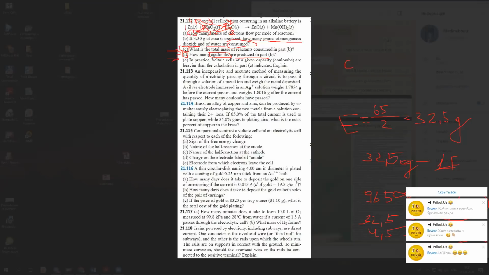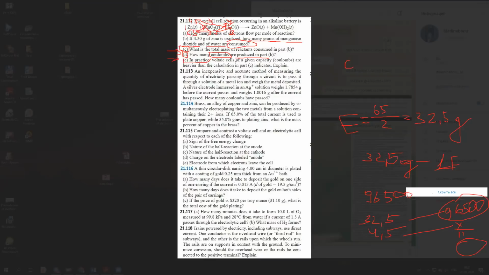In the next problem, do you mean? I asked you, do I have to find it for all the substances? For zinc, for manganese dioxide, for water, or only for zinc? On the last problem, do you mean? No, on this problem. You're just making me confused.